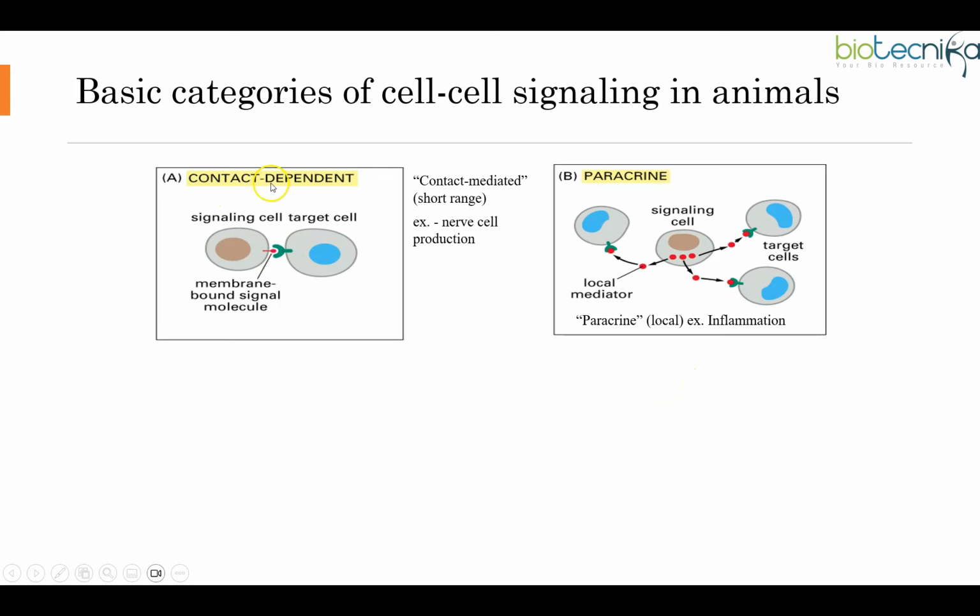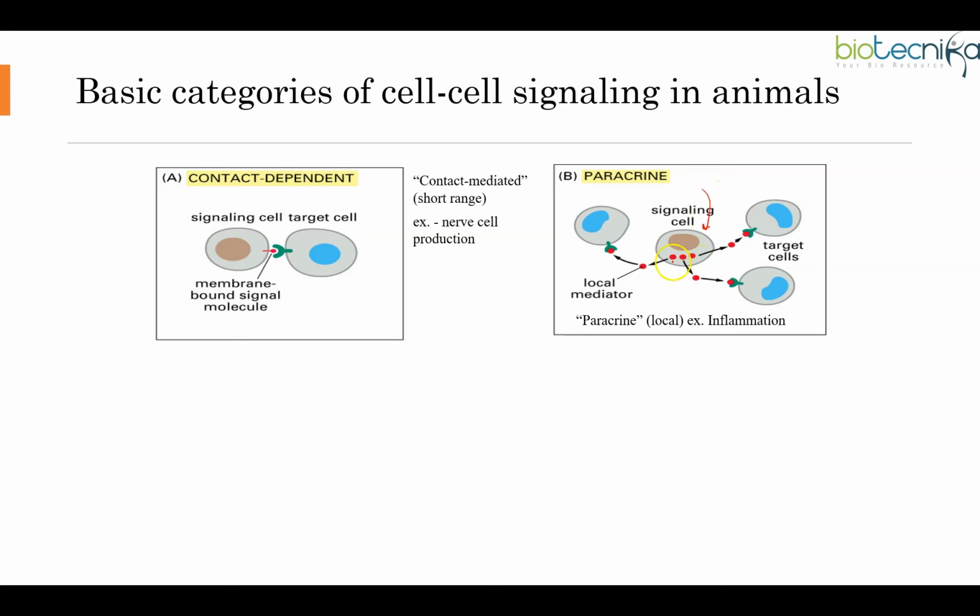So we have the contact dependent, which is short range, for example in a nerve cell production. Then we have the paracrine, which is the local signaling, for example if any inflammation is initiated. So as you can see, this is a signaling cell which may have got damaged in case of some injury.